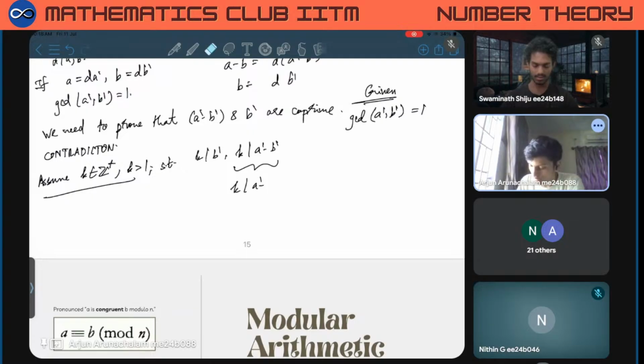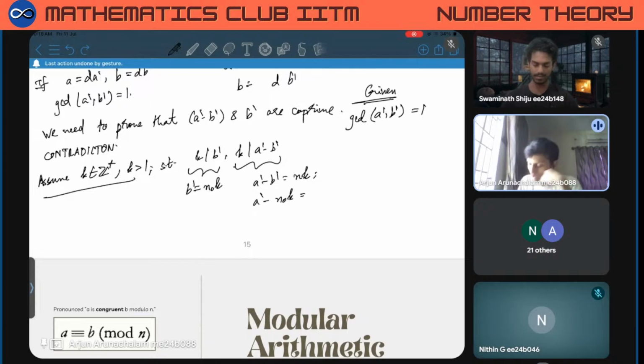Okay, wait, just a second. So basically, this means that you can write a dash minus b dash is equal to n times k, right? And you can write b dash is equal to some n naught times k. So you have a dash minus n naught k is equal to nk, right?